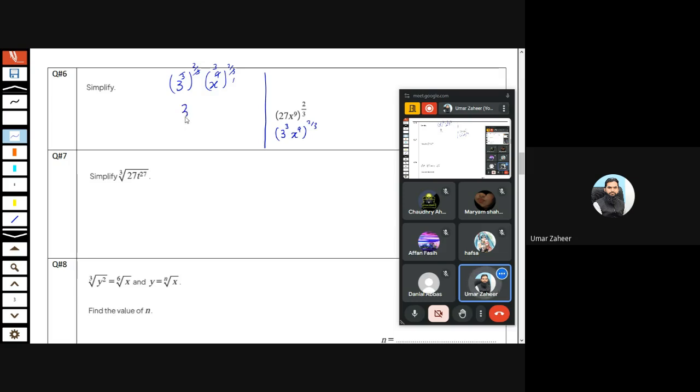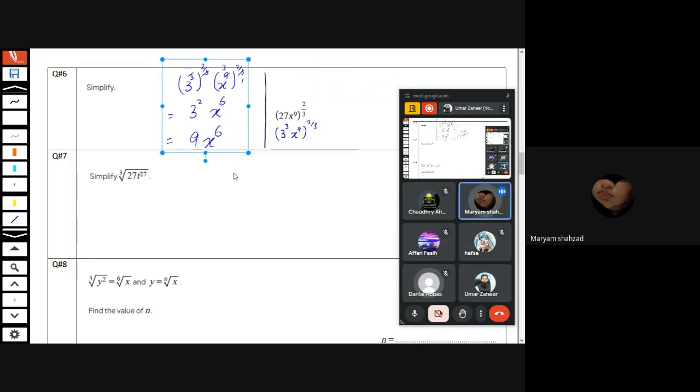So you will get 3 squared into x, 3 times 2 is 6, 3 squared is 9, and x raised to power 6. It's clear? Yes.